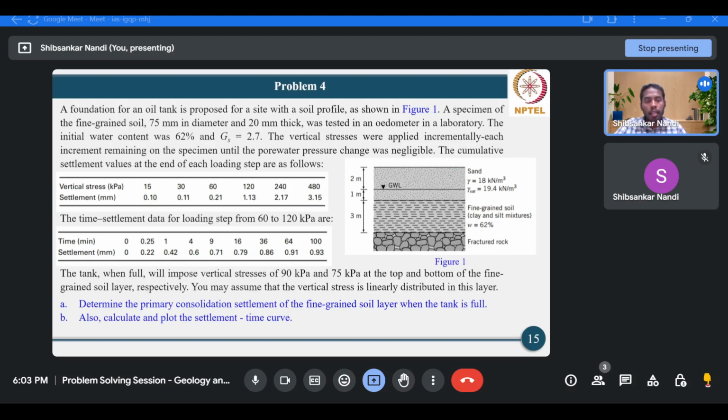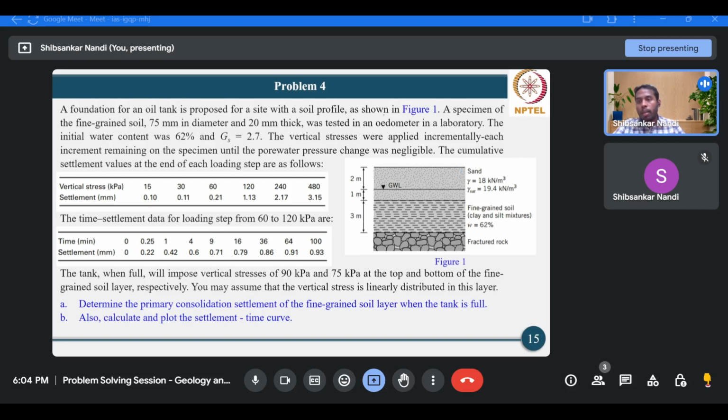Then the sand is underlain by a fine grained soil, which is basically a mixture of clay and silt, and then it's underlain by a fractured rock. So this is the soil layering upon which a foundation for an oil tank is proposed.